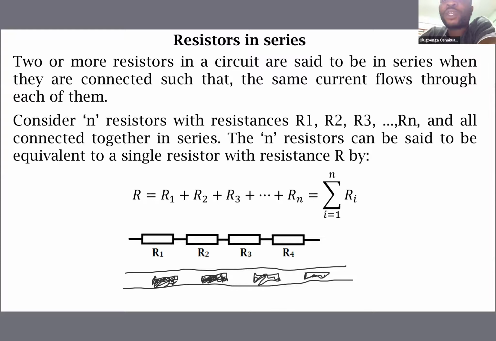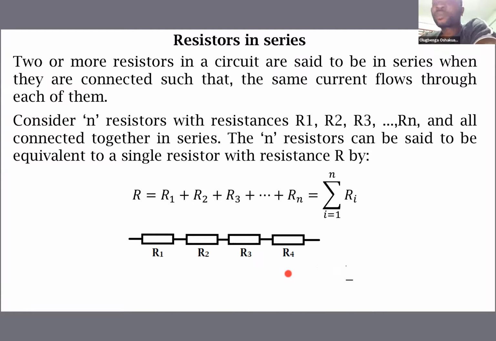So when water is flowing, it experiences some hindrances on the way. But whatsoever water molecule that goes through this part will also go through this part. So the same volume of water that flows through this point per time flows through each of the points per time. That is how resistors in series work.